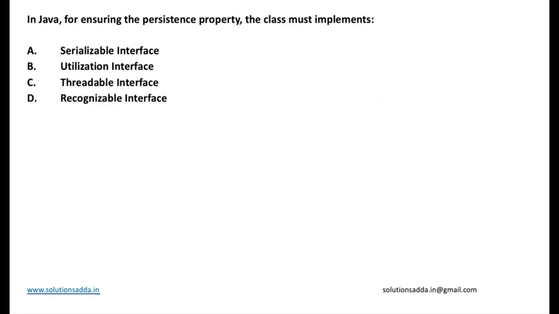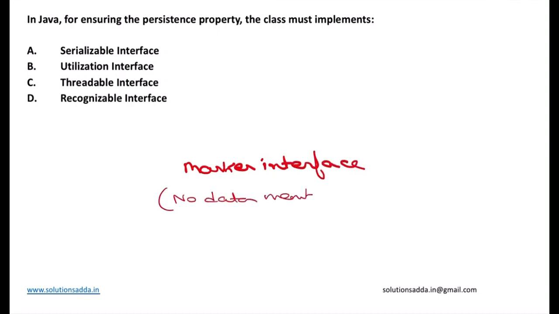This is a question from Programming and Data Structures. In Java, for ensuring the persistence property, the class must implement. Options are serializable interface, utilization interface, threadable interface, or recognizable interface. What is a serializable interface? Serializable is a marker interface. What is a marker interface? It has no data member or methods.